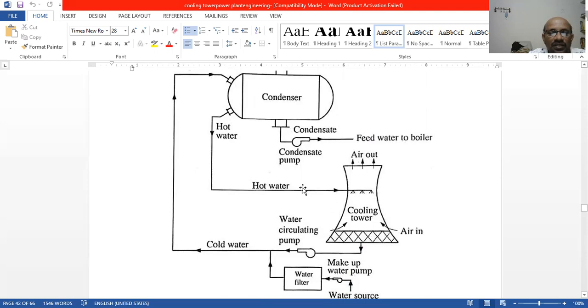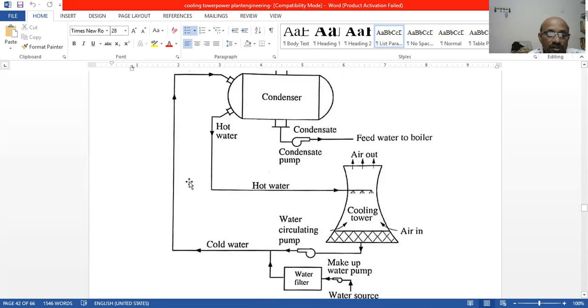In these cooling towers there will be sprays and ejectors, and the hot water is sprayed and mixed with cooling water and air, so that it becomes cooling water. After that it joins with the cool water from the water source. So here we reduce the temperature of the hot water.